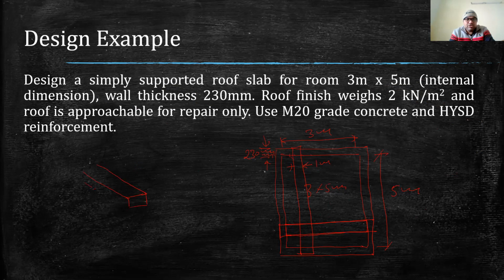So this is the unit width strip, and it actually looks like a beam which is having width 1 meter and thickness equivalent to the slab that we are going to estimate in this problem. So that will be the thickness.